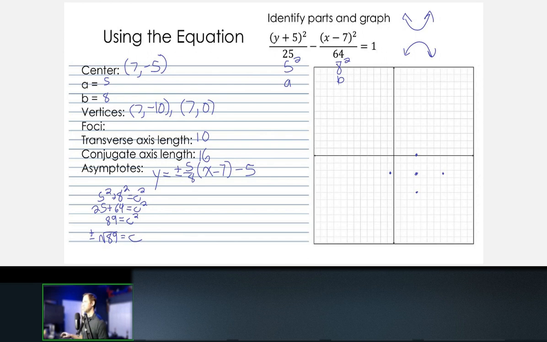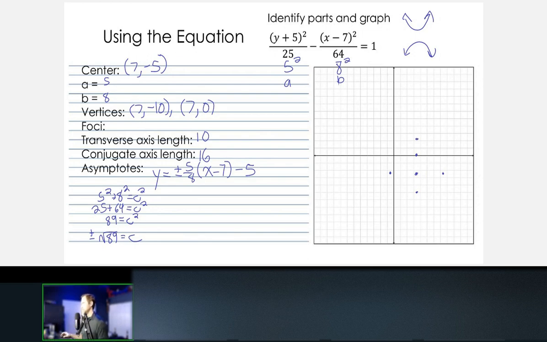So from the center, I go up 9.4 and down 9.4 to plot those points. Remember, we're counting by twos on this graph. So 2, 4, 6, 8, 9. So slightly above that line.